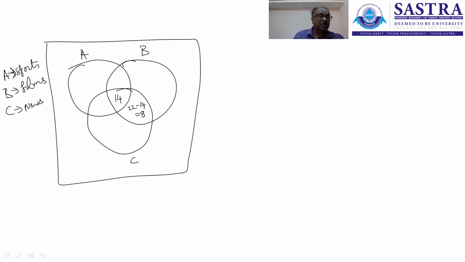Then 26 watch both sports and news. 26 minus 14 would give you 12. So I have it like this.